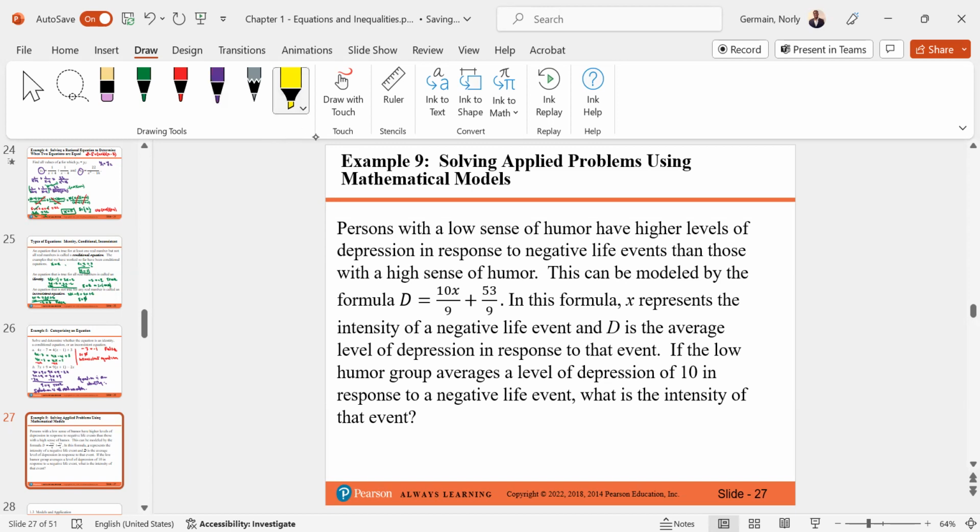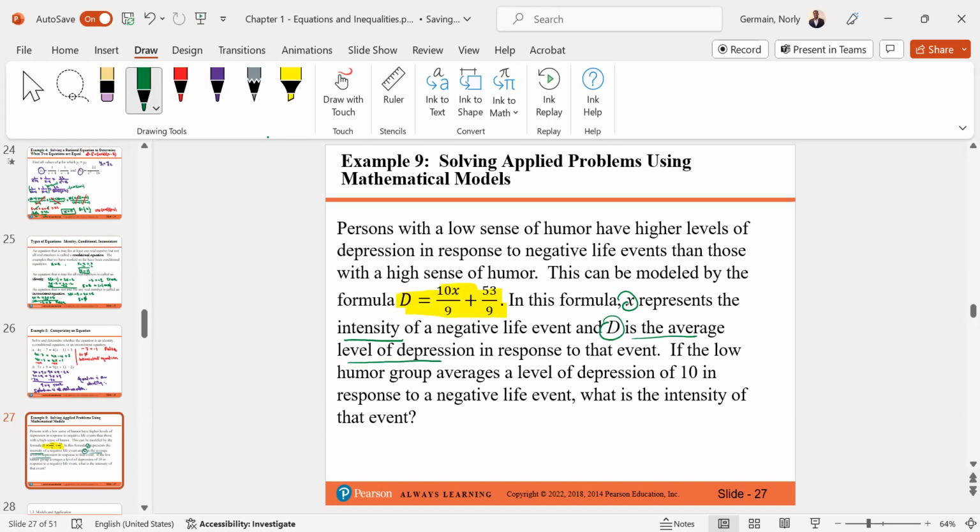Remember, there is always a formula behind all the computation we perform to solve real world problems. You either define the formulas yourself, or someone in the past worked on something that we can use to make our life better. In this formula, X represents the intensity of a negative life event, and D represents the average level of depression.